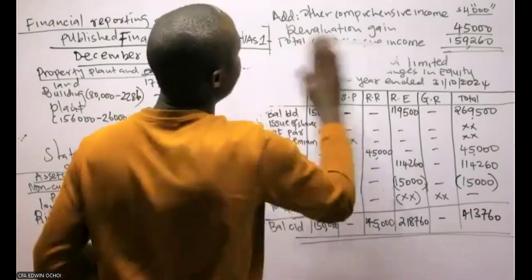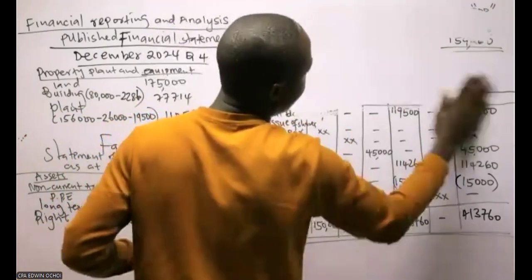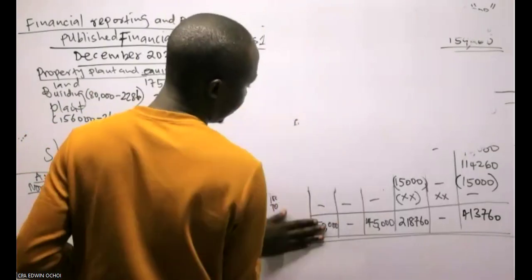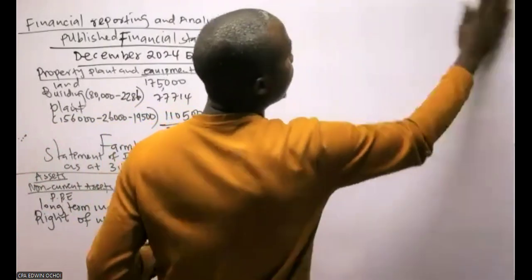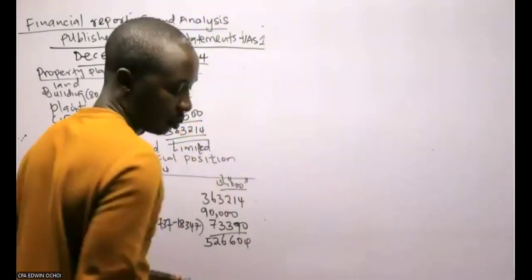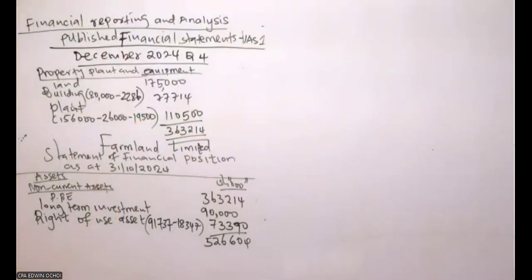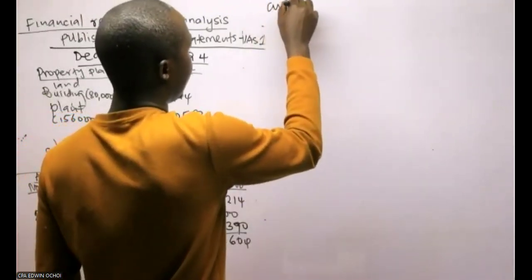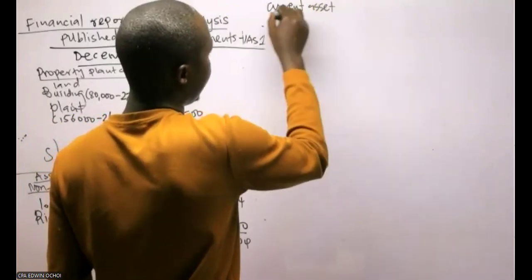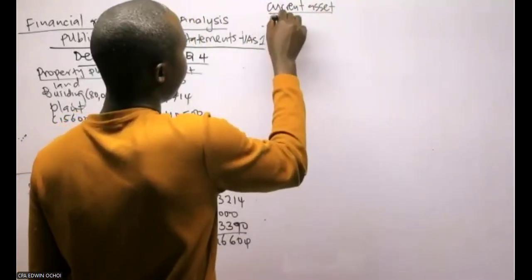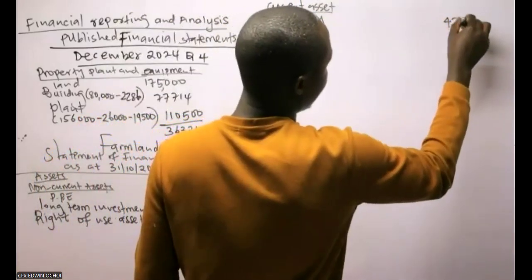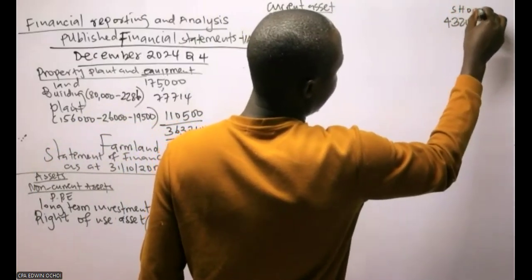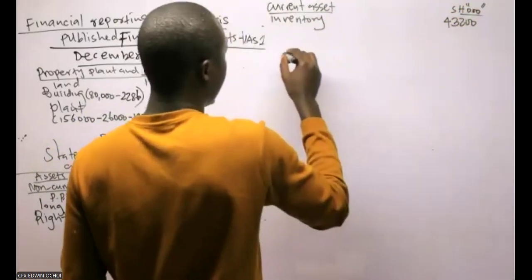We continue to current assets. Closing inventory was 43,200.